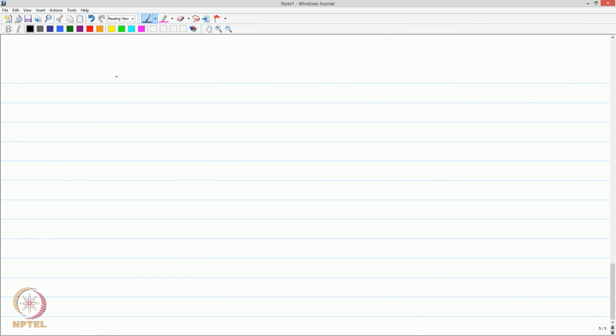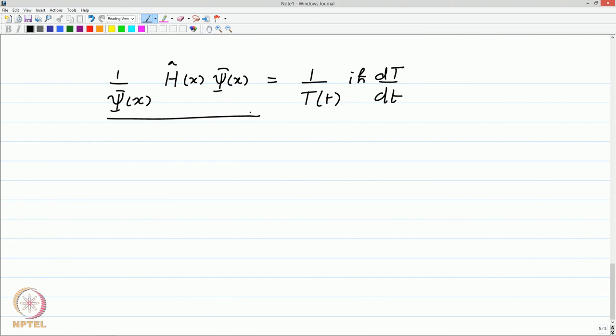Therefore, if we go back and write this, 1 by ψ(x) Ĥ(x) ψ(x) is equal to 1 by T(t) iħ dT/dt, only on x, only on t. They both have to be equal to something which is independent of both x and t, and therefore constant with respect to x and t, and that constant may be written by a symbol E.